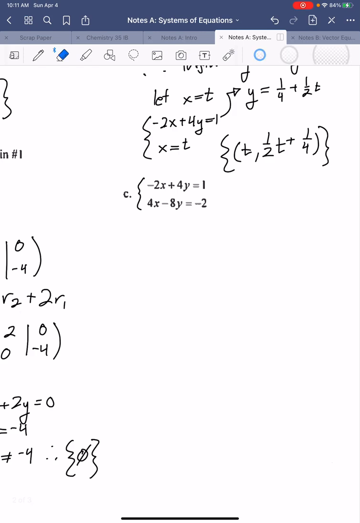Now we're going to do row reduction with this guy. Same thing as always. Step 1, matrix: -2, 4, 4, -8, 1, -2. What row operation can get this part to 0?